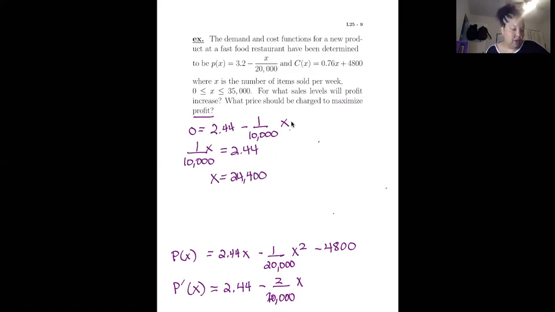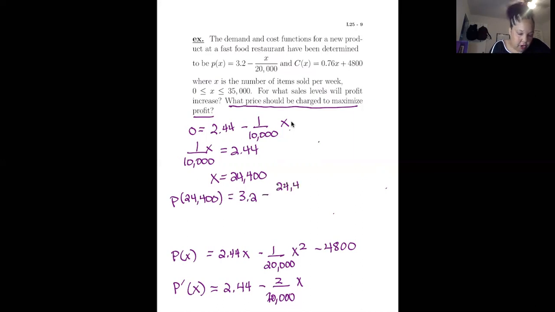All right, then the last question says, what price should be charged? And to do that, we need to plug 24,400 into my price function, 3.2 minus 24,400 over 20,000.